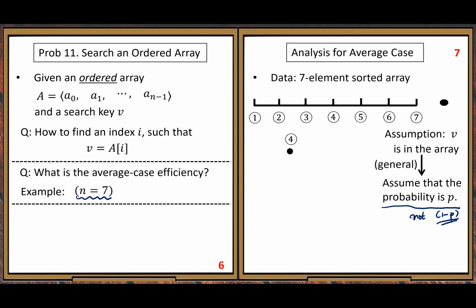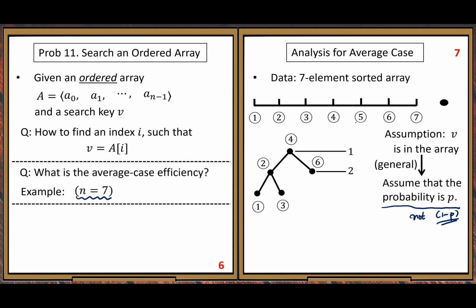If V equals element number 4, then we just need 1 comparison, right? So this 1 tells us if V equals 4, 1 comparison. Next level, if V equals 2 or 6, based on binary search, we need 2 comparisons.